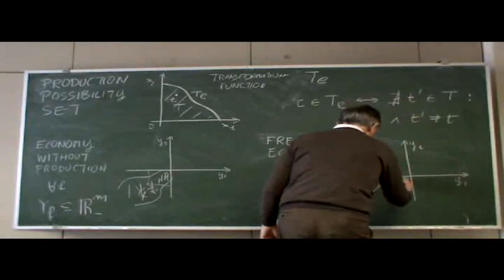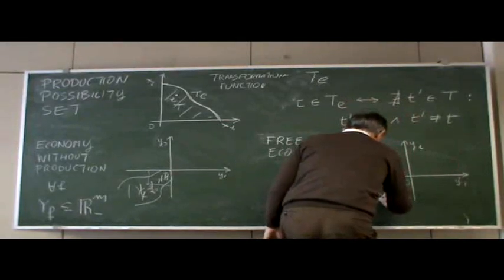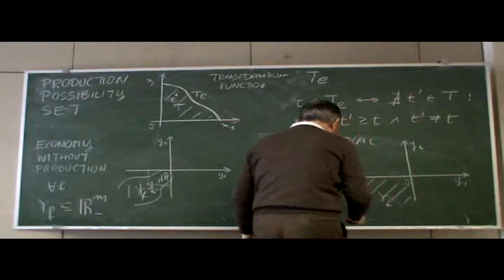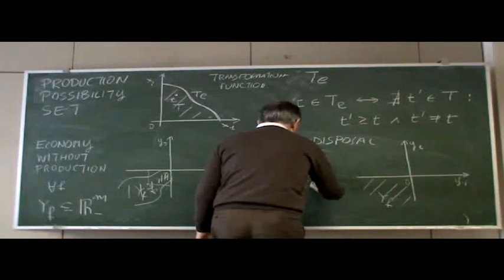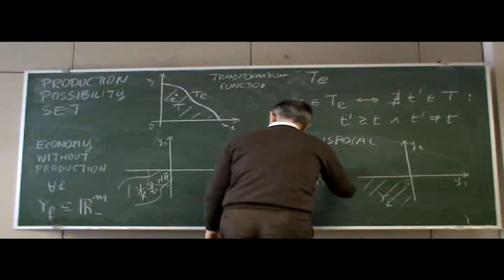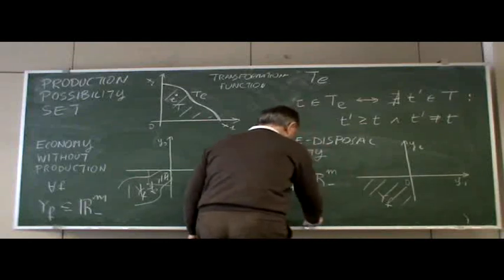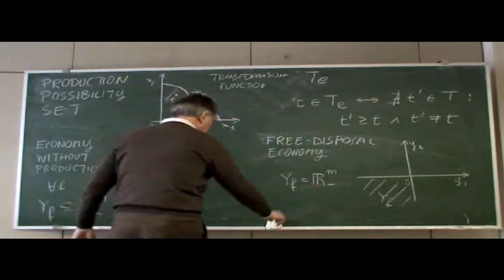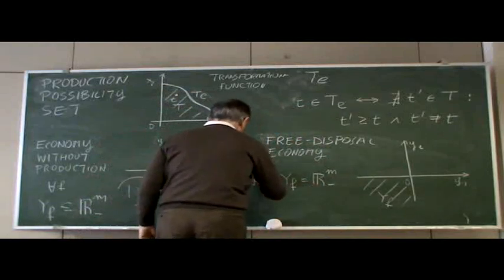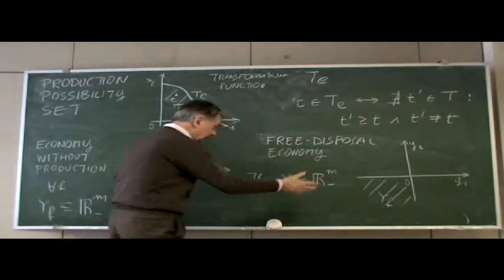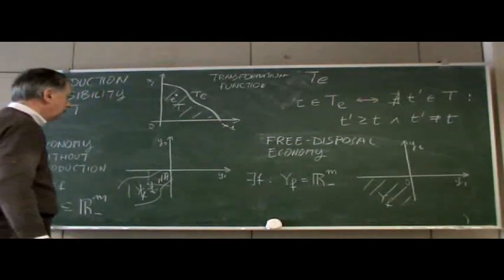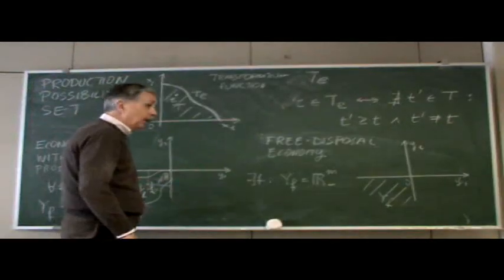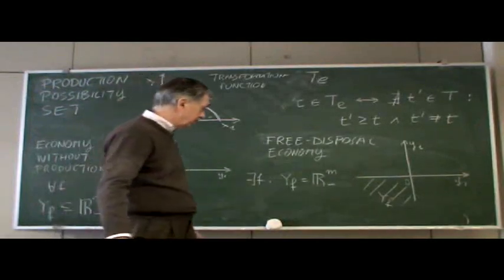Its production set coincides, in this case, with the negative orthant of the n-dimensional Euclidean space. If there exists an F such that this equality holds, this is a particular case of the previous case, of course.